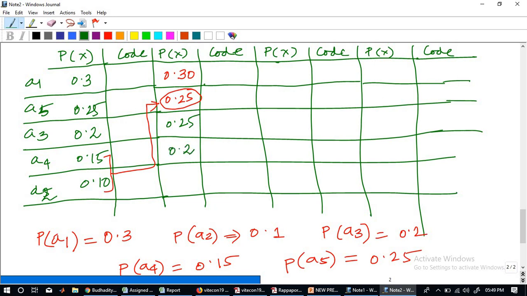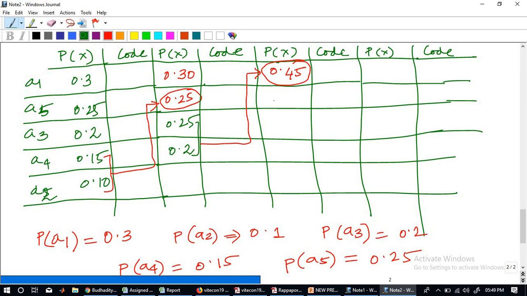0.2 remains as it is. Now this 0.25 and this 0.2 get added up. So this is 0.45. 0.45 is greater than 0.3. So we have to carry on in that manner. So it will be on top of the chart. 0.45, we will circle it.